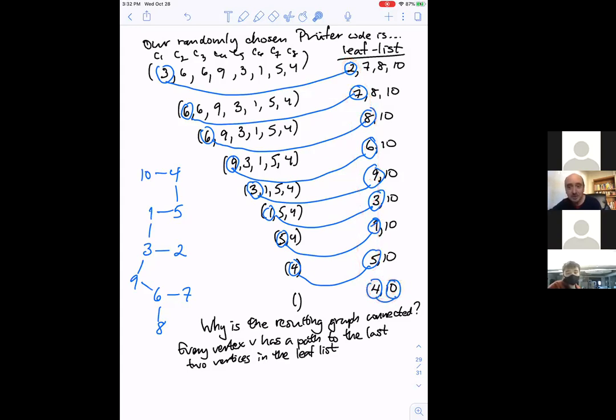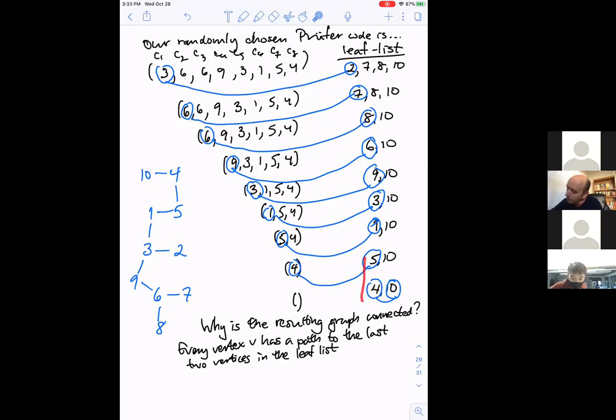It is the smallest leaf, right? That's the only way in which these numbers ever get removed from the universe. Either they were on the leaf list and they get crossed off, or they start out over in the Prüfer code, but then there's the last time that they show up in the Prüfer code, they enter the leaf list and get crossed off, or they might be among these two, but everybody is in this list over here.